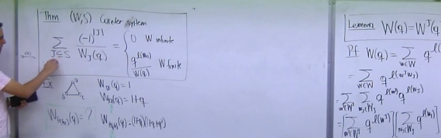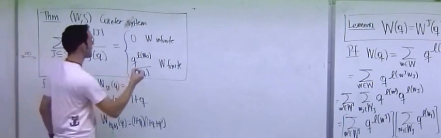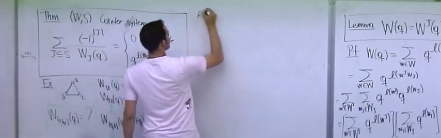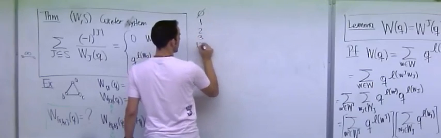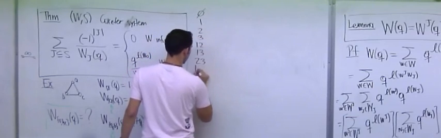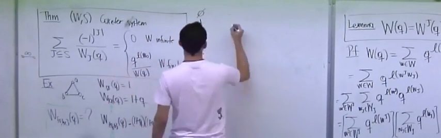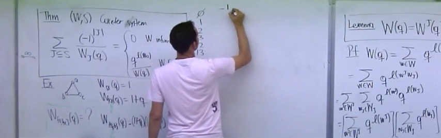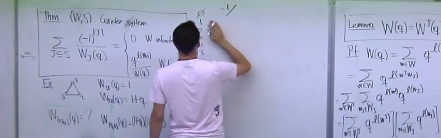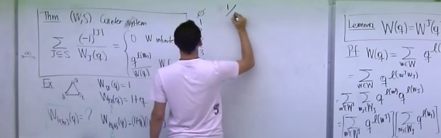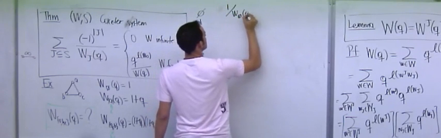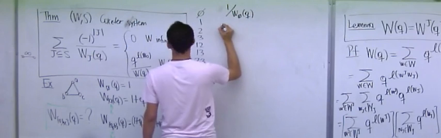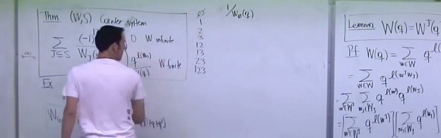So I have to do it for all the subsets. So for empty, for 1, for 2, for 3, for 1, 2, for 1, 3, 2, 3, and 1, 2, 3. So for the empty set, I get plus 1 over W sub empty of Q. Then here, sorry, these are letters, right?